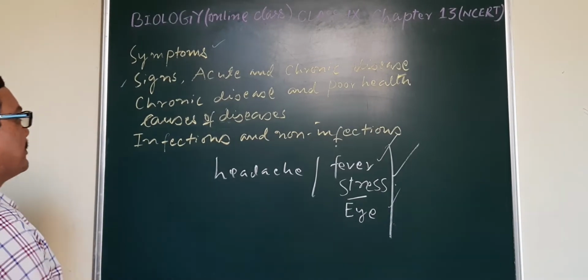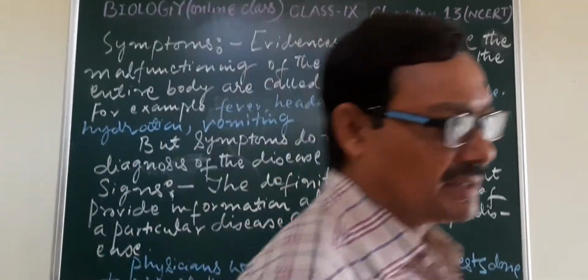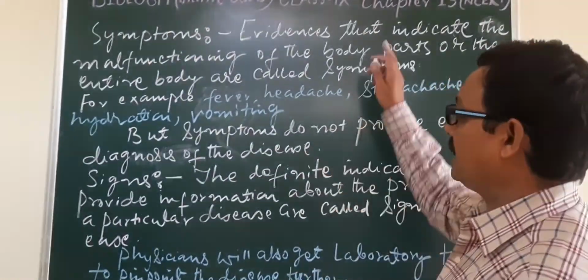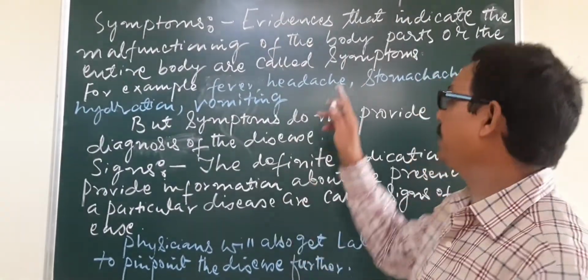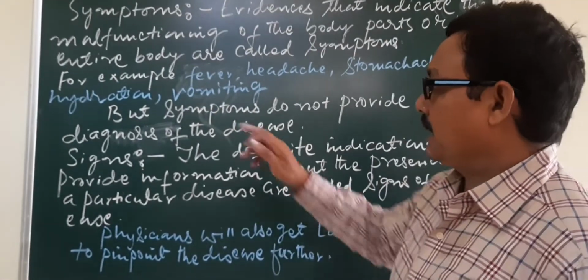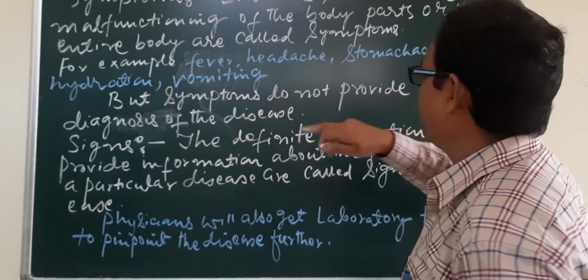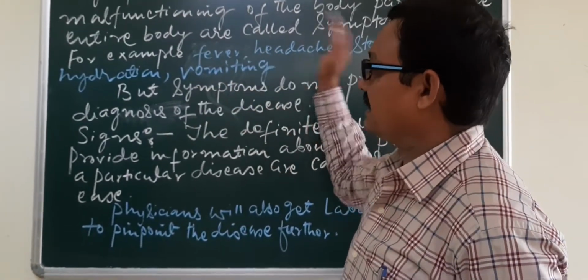First, look at the definitions of symptoms and signs. The definition of symptoms: evidences that indicate the malfunctioning of the body parts or the entire body are called symptoms. As I told you earlier, fever, headache, stomach problems, dehydration, vomiting, these are symptoms.